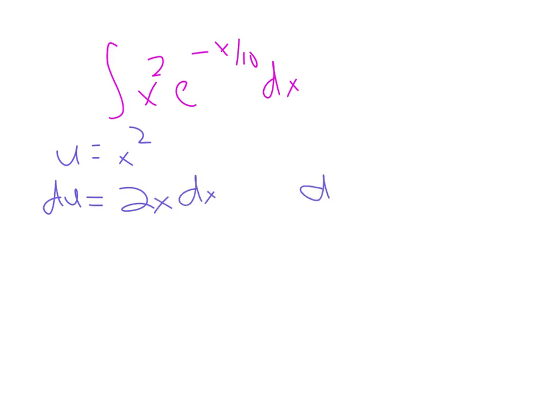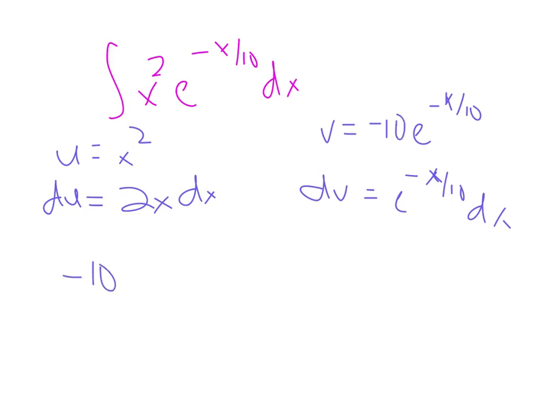And then dv is e to the negative x over 10 dx. So that means v is e to the negative x over 10 with a negative 10 in front. So uv minus the integral of v du.